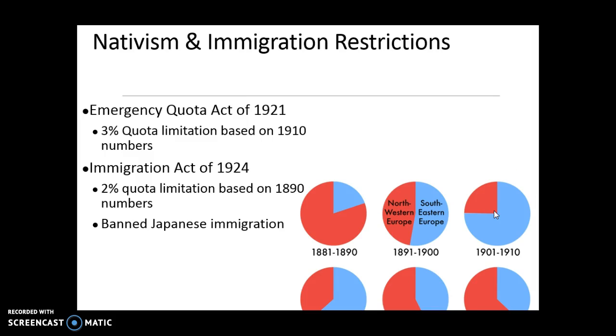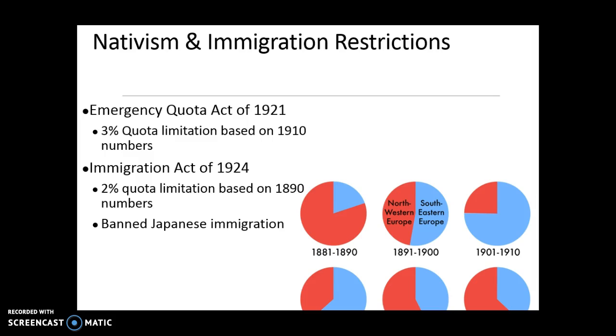However, that wasn't enough, so in 1924 they passed the Immigration Act, and that set the 2% quota for each country based on the 1890 census. Now that changes it and allows Northern and Western Europeans to come in a lot more numbers, right?